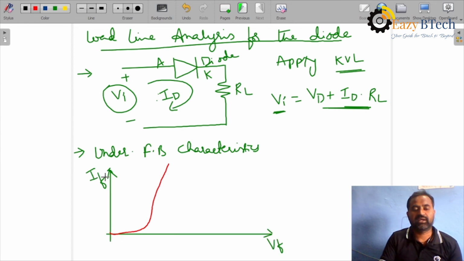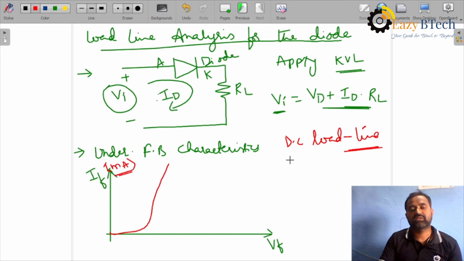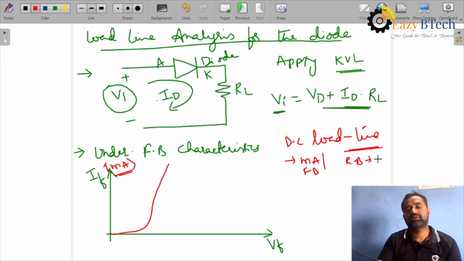Now from this equation, to draw the DC load line, we have to find two points. The current is in milliamperes, because as we studied in the previous lecture, in forward bias the current is in milliamperes, and in reverse bias the current is either micro or nano, for germanium and silicon.